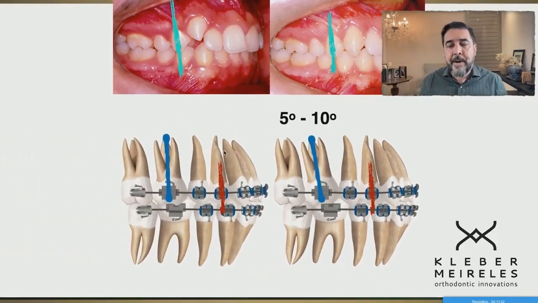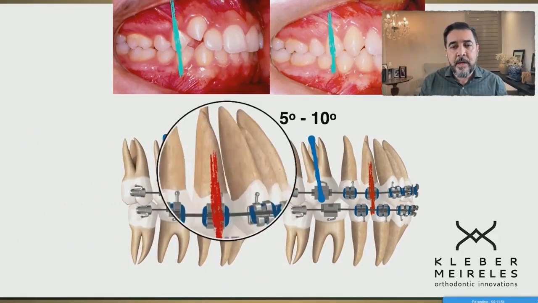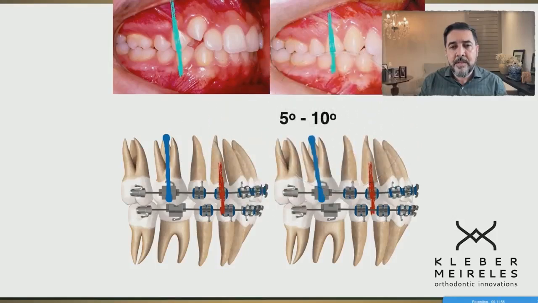When we compare here the angulation of 5 to 10 degrees of the first molar with no angulation or a very low angulation in the left example here, we see that even though we have the cusp groove relationship, we don't have the intercuspation of premolars. And here we do. Why is that?